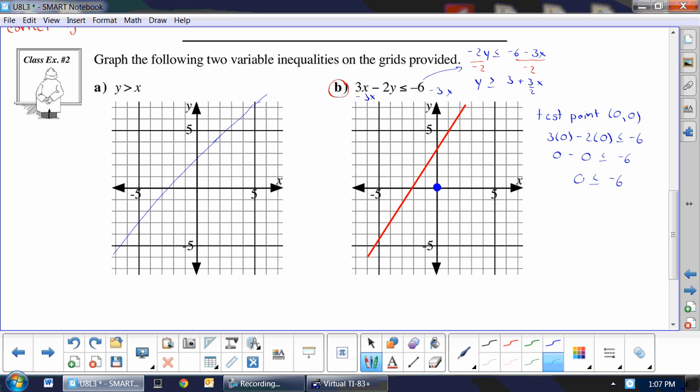Oh, well, 0 is not less than -6. Not true. So what this means is that this portion here, called a half plane, is not our solution set. The other half is. So wherever you choose your test point, if you find that it's true, that's where your solution is. If you find that it's false, it's going to be the opposite.